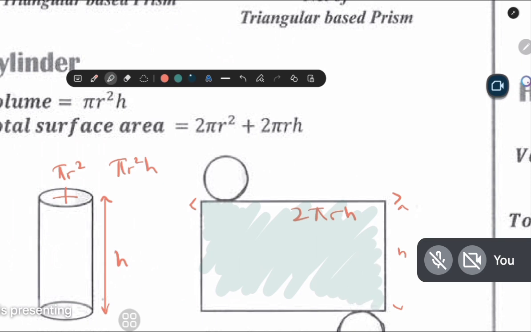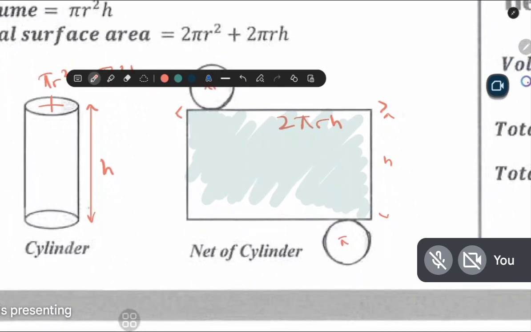And again, the area of a circle is pi r squared. Since we have 2, it's pi r square plus pi r square, which gives you pi r square times 2, plus 2 pi r h.